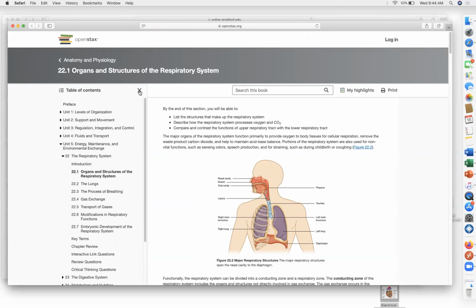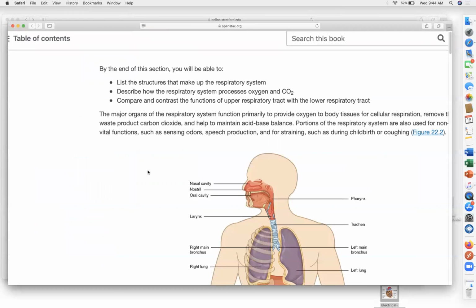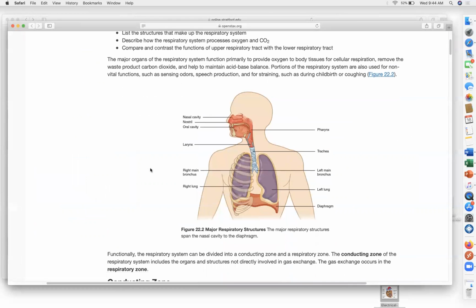So let's close out this table of contents. Let's make this a little bit bigger. If you look at the parts of your pulmonary system, you have an upper respiratory, which starts from the trachea on up, and then the lower respiratory. The upper respiratory system is composed of your nasal cavities, your oral cavities, and of course your throat and your pharynx.